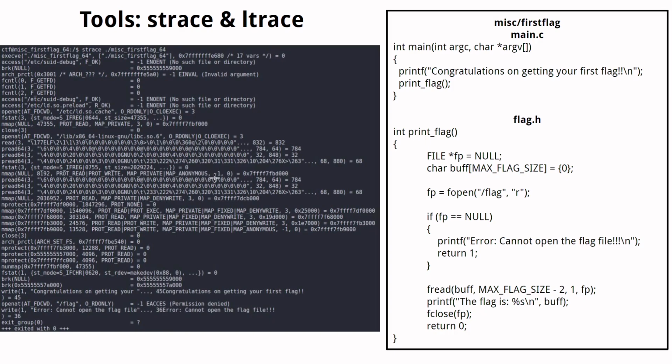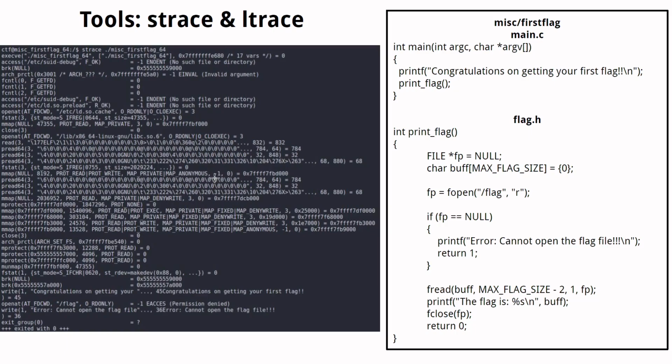And we just say, congratulations on getting your first flag. Then we call another function, which we coded there. It's print_flag, and print_flag is defined in the flag.h header file. In print_flag, we have a local variable, which is a file pointer. After that, we have another local variable, buff, which is maybe 200 bytes, something like that. Local variable.